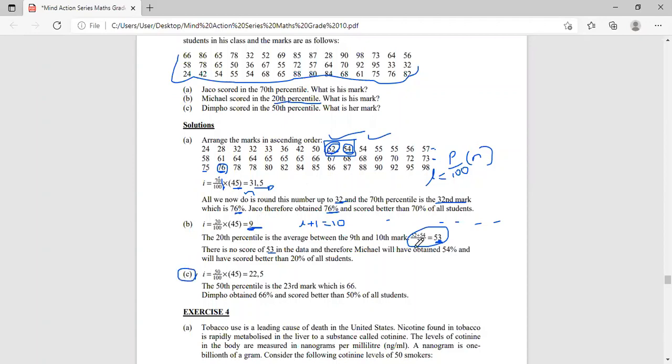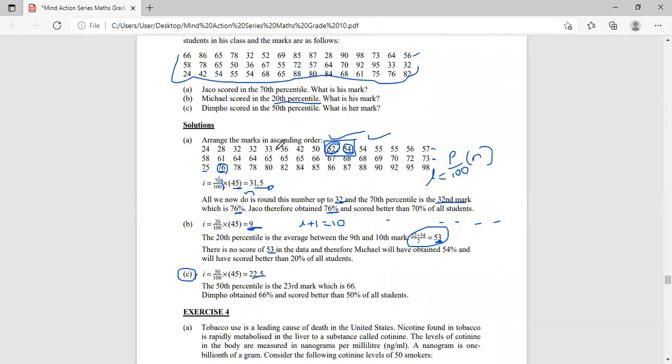For C, C is what I'm looking at now. I want the 50th percentile. Same thing. If I get a value that is not an integer, I round it up. If I round 22,5, I'm going to get 23. So I want the 23rd position. I remember this is 15, so 16, 17, 18, 19, 20, 21, 22, 23.